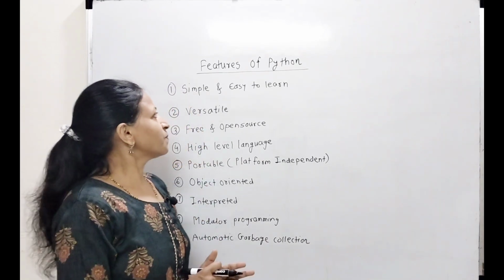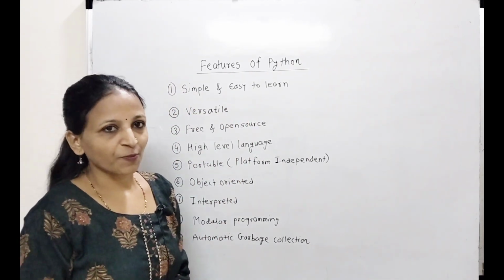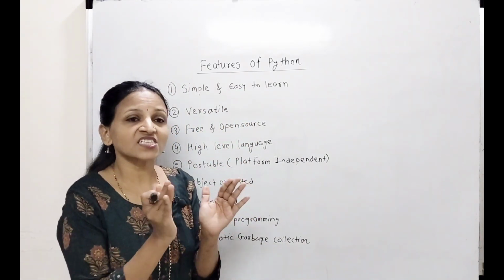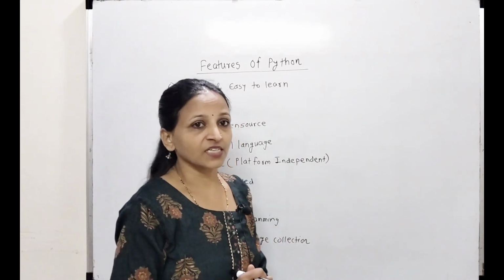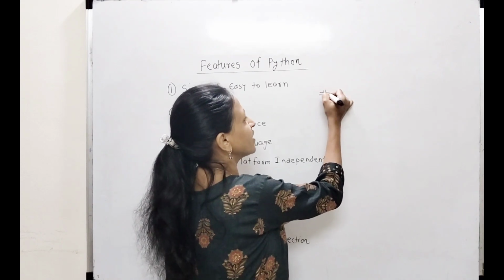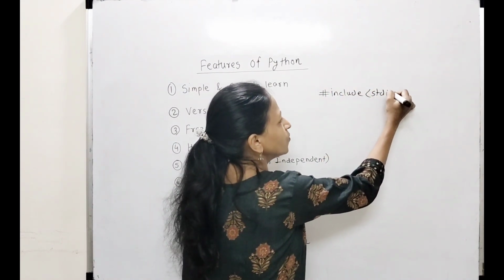The first thing is Python is simple and easy to learn. Actually, whenever you write code in Python, you have to write very small code. The concise code is there. Now how? Suppose you are writing a program in C to display hello world, then how will you write that? First you have to include a header file like #include <stdio.h>.